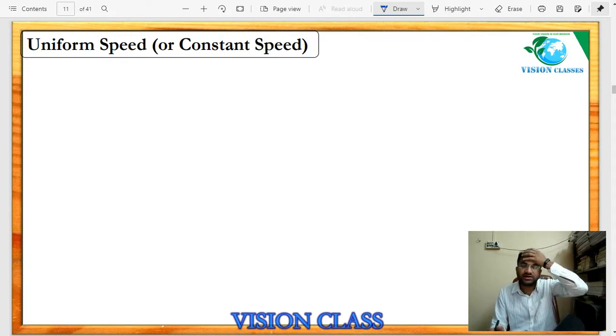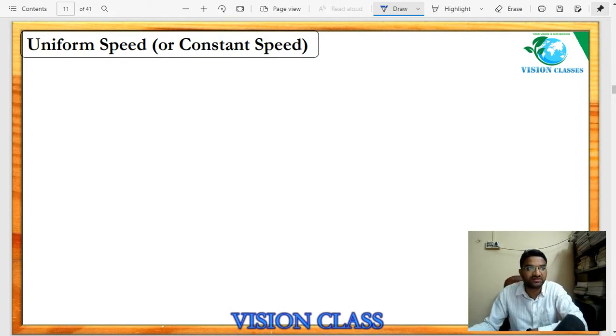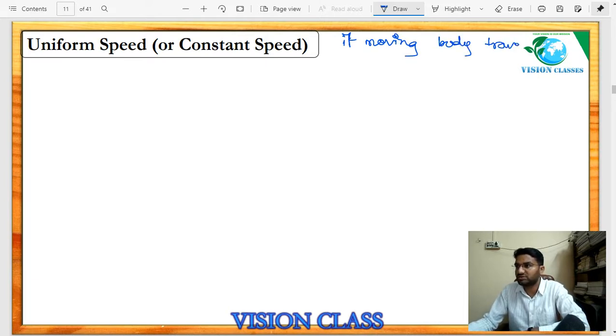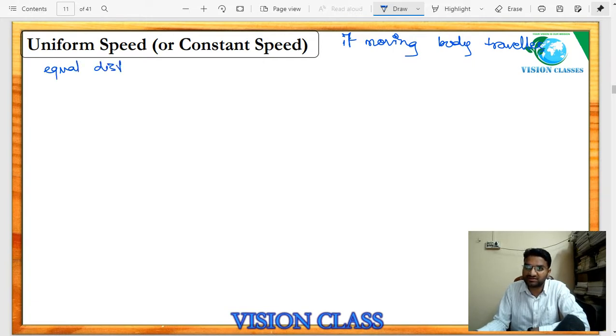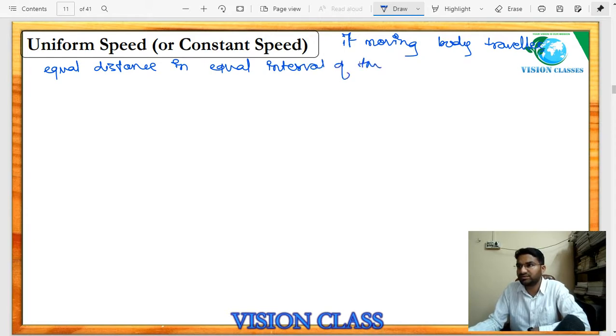Uniform speed means that if a moving body travels equal distance in equal intervals of time, it is uniform speed or constant speed.